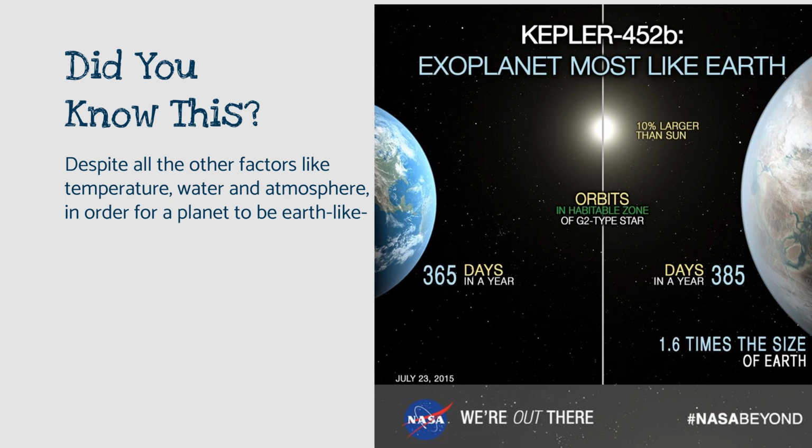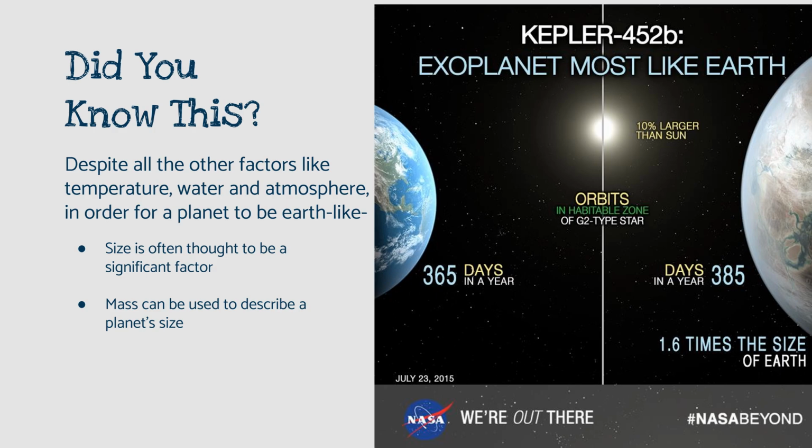Did you know this? Despite all the other factors like temperature, water, and atmosphere, by atmosphere I mean the structure of the gases in the air, say like oxygen and nitrogen, in order for a planet to be Earth-like physically, it has to be the right size, because size is often considered the most significant factor.